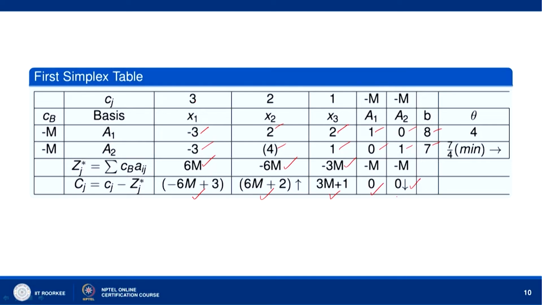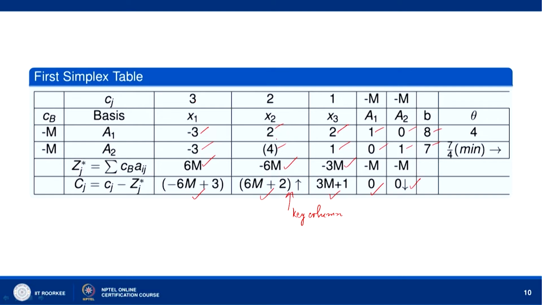Now, we can see Cj is positive in the second column and Cj is positive in the third column. But 6m plus 2 is greater than 3m plus 1, so this is our key column. Divide the elements of the B column by the corresponding values in the key column.